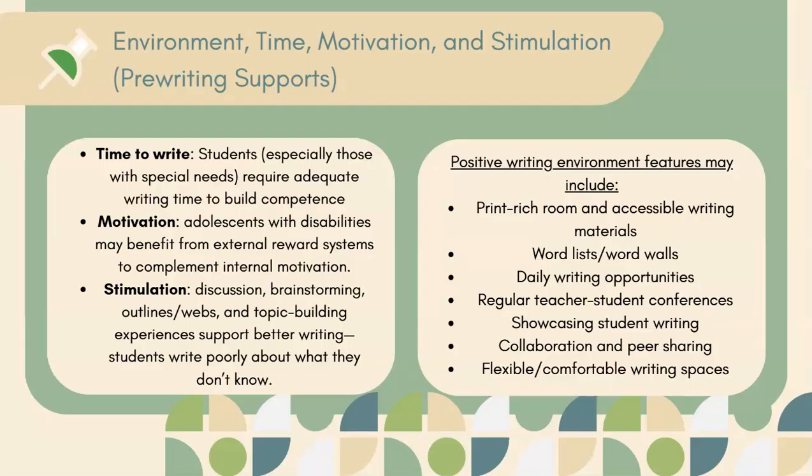Also stimulation, discussion, brainstorming, topic building experiences. Students write poorly about what they don't know. What that should have said is if a student doesn't know what they're writing about, then they will not write well.